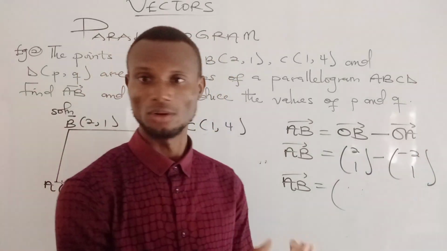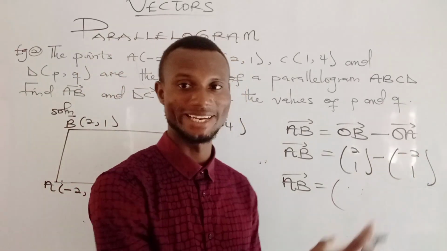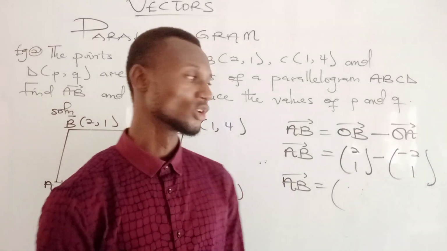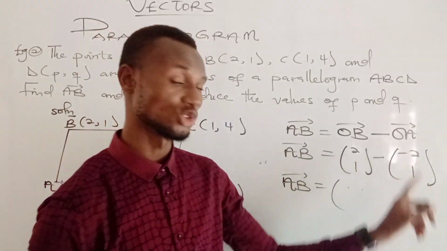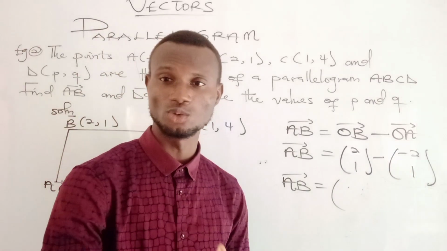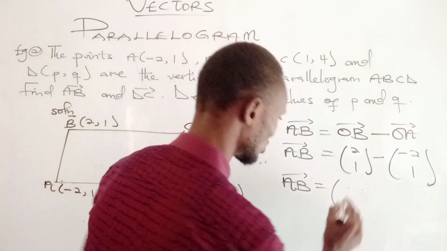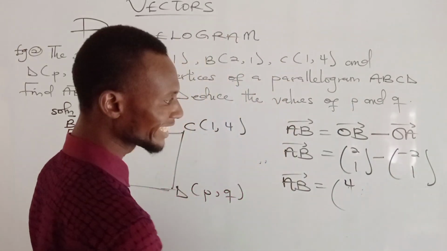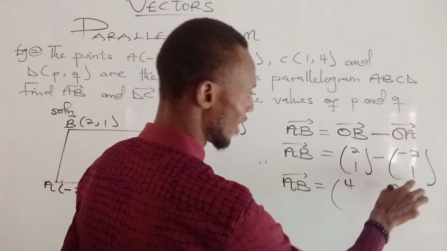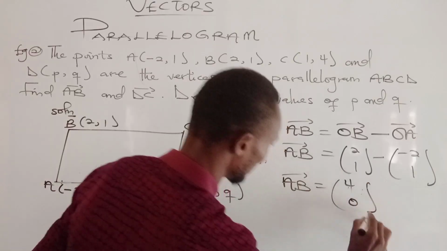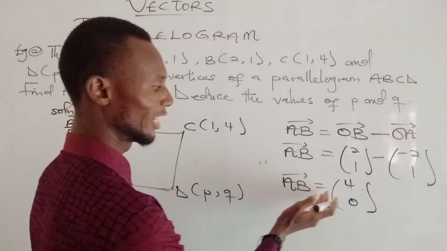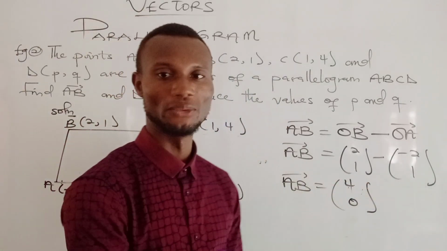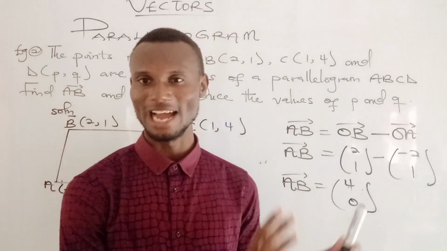It will give me 4, because when two negatives meet like this, it becomes positive. So 2 minus minus 2 becomes 2 plus 2, which is 4. Then 1 minus 1 gives me 0. So my vector AB equals 4, 0. I hope you understand up to this point.